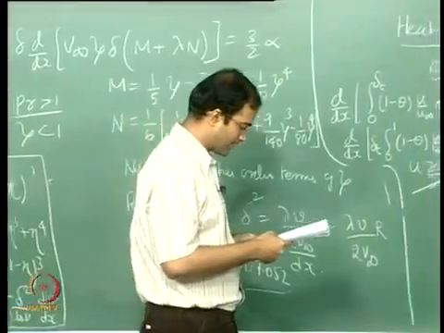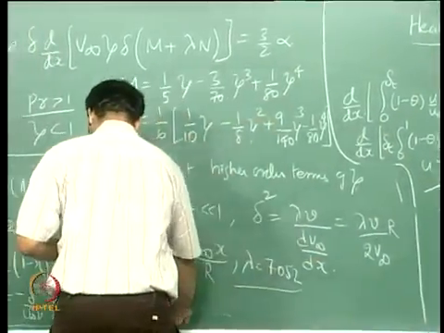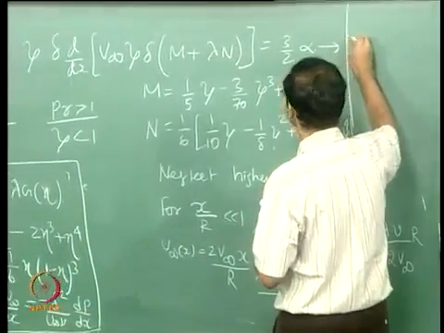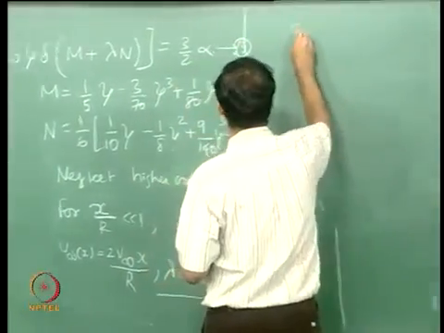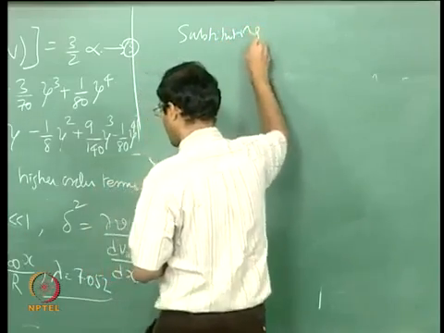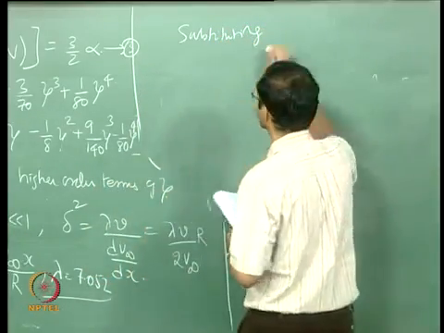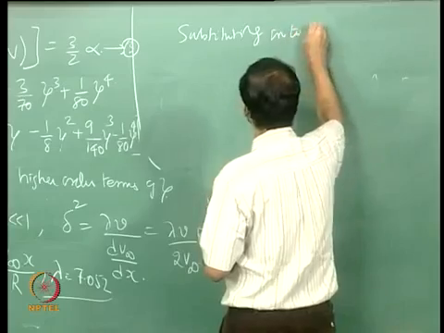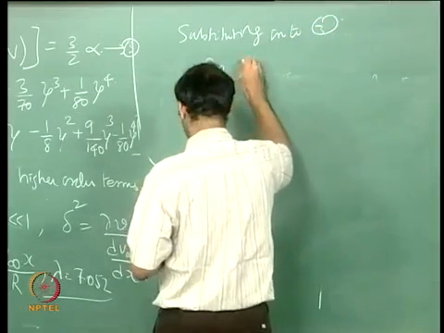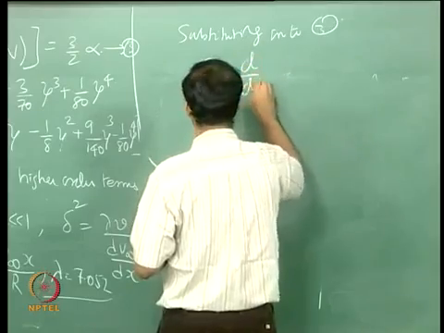Let me call this number 3. Substituting all these approximations into 3, you should be getting zeta d by dx.